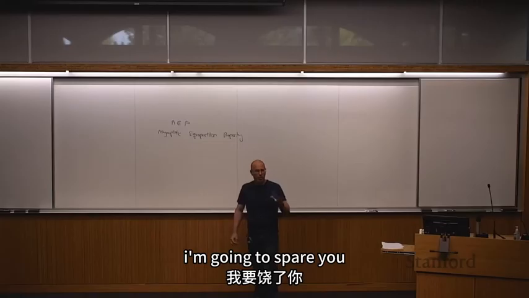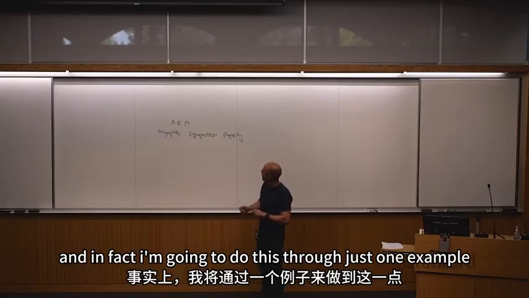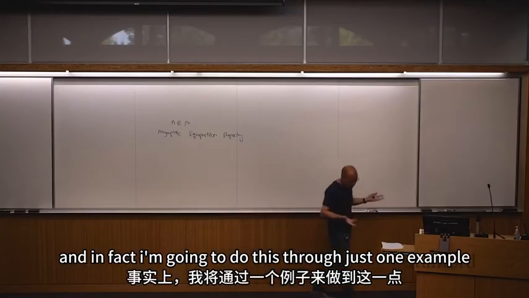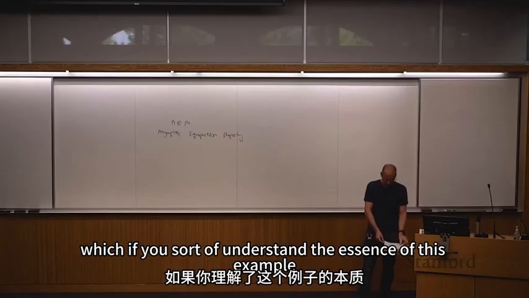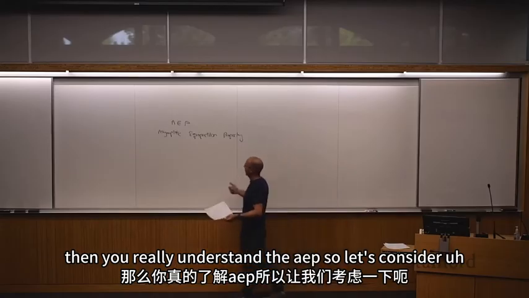I'm going to spare you the epsilons and the deltas. And in fact, I'm going to do this through just one example, which if you understand the essence of this example, then you really understand the AEP.